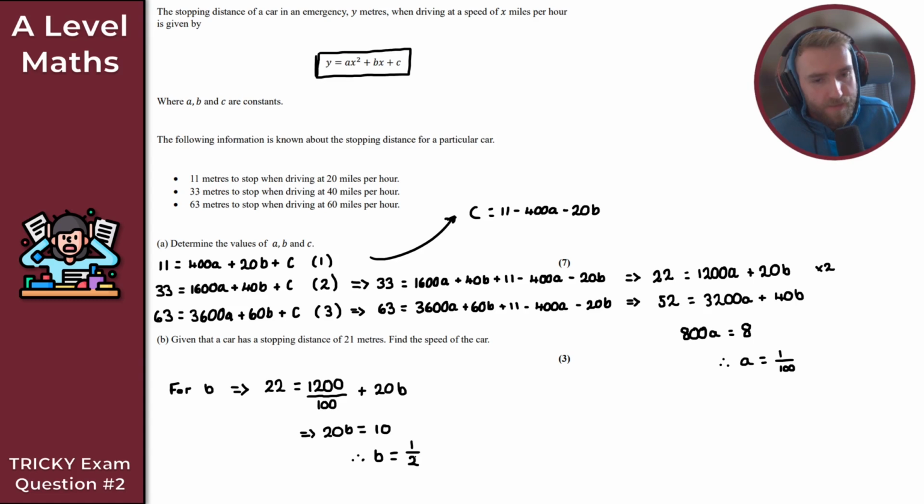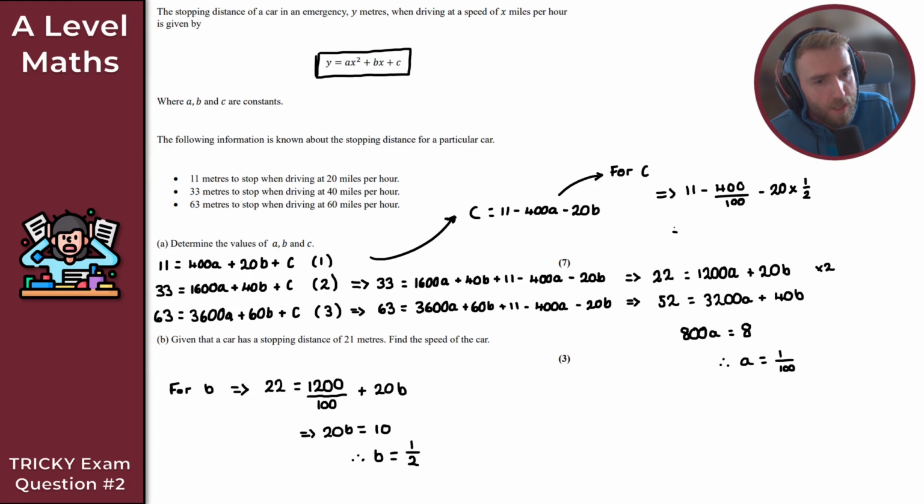And then finally here for c, well, c is equal to 11 minus 400a minus 20b. Okay, we'll do that over here. So for c, as we just said, using this equation, we get 11 minus 400 times 1 over 100, so that's 400 over 100, minus 20b, so that's minus 20 times a half.